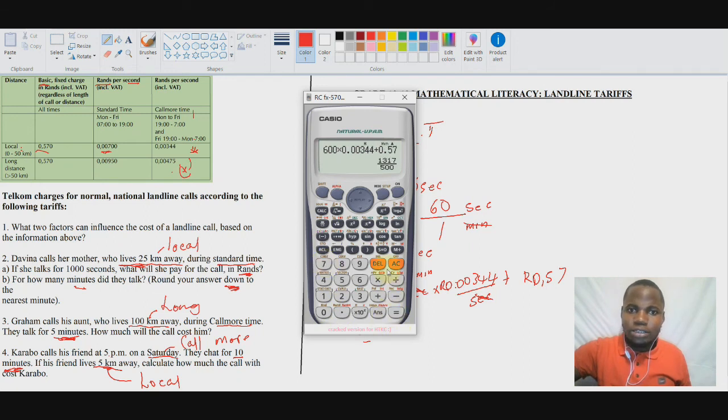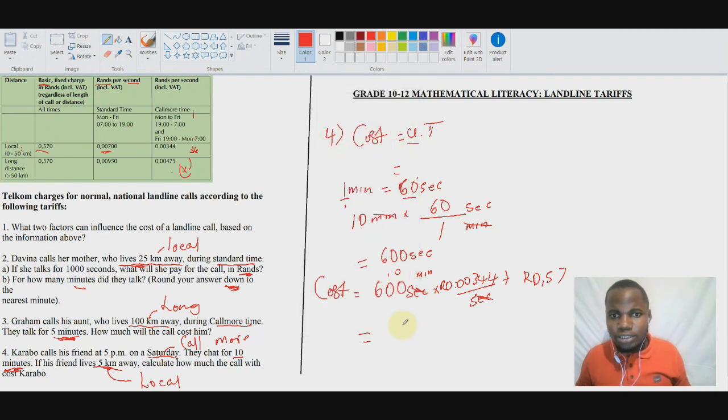So what we get, press equals there, let's see. The answer we get is 2.634, 2.634 rands, okay? That is your cost.